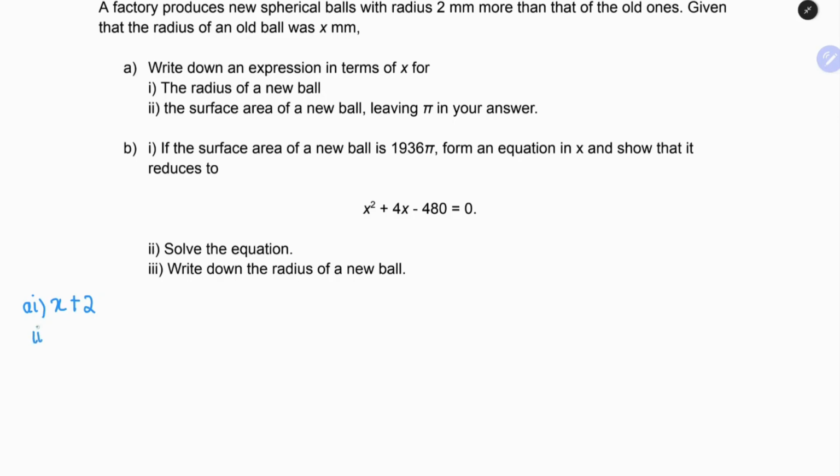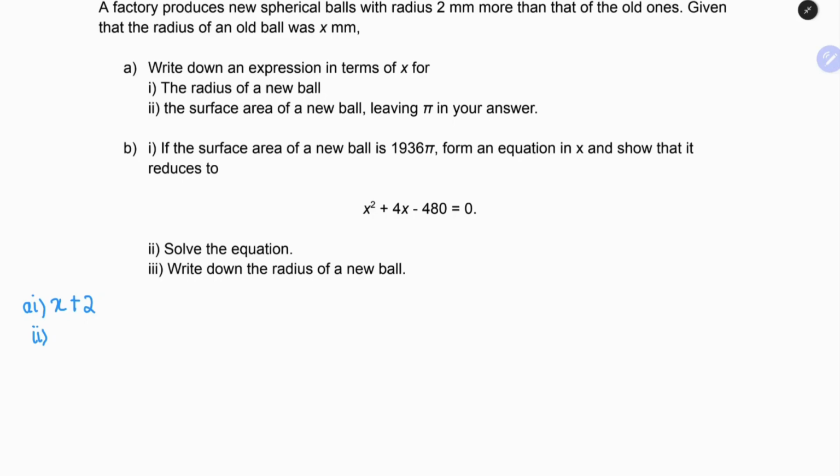So let's move on to Roman numeral 2, which says write down an expression in terms of x for the surface area of a new ball, leaving pi in your answer. When you go on to the second page of your BGCSE question paper, maths paper 3, you will find that it has formulas there. And remember, a ball is in the form of a sphere.